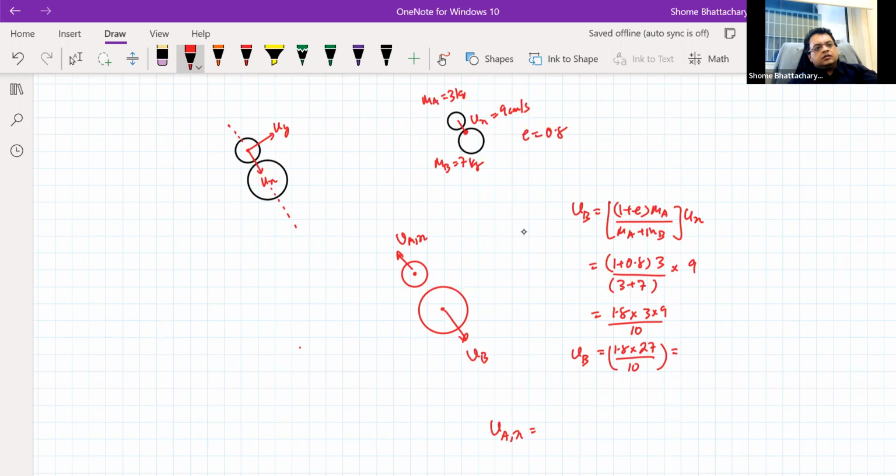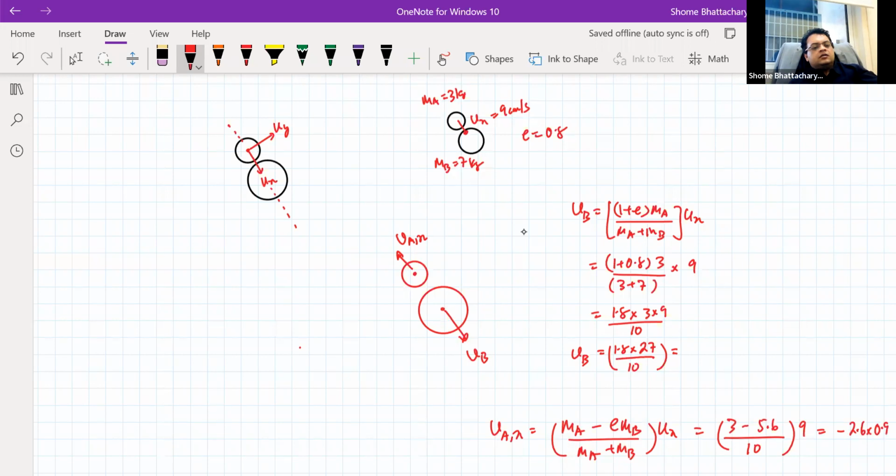This will be (MA minus e times MB) divided by MA plus MB, times ux. So it will be 3 minus 0.8 into 7, over 10, into 9. So this will be minus of 2.6 into 0.9.